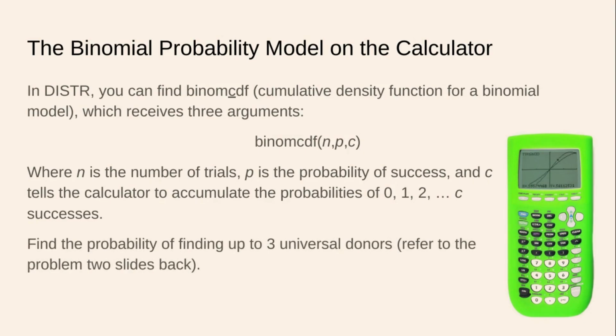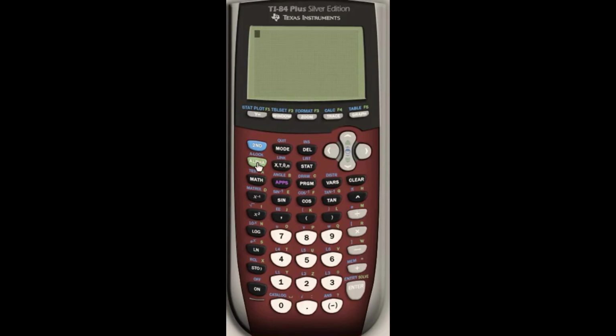So we're going to find the probability of finding up to 3 universal donors. That could be 0, 1, 2, or 3. And we're going to refer to the problem 2 slides back, which is the problem about those universal donors and the likelihood of getting one and how many are we going to get out of 20 trials.